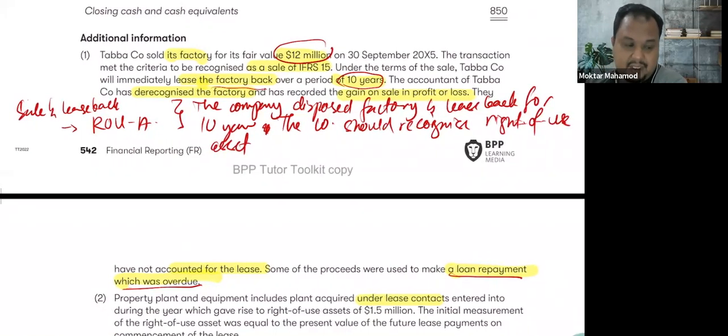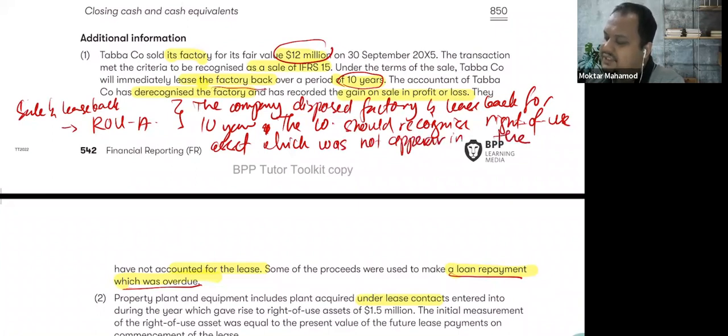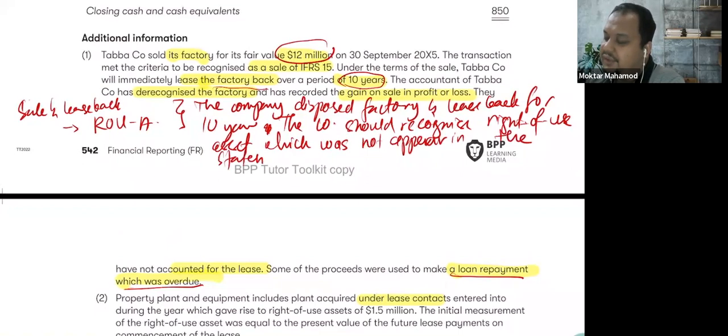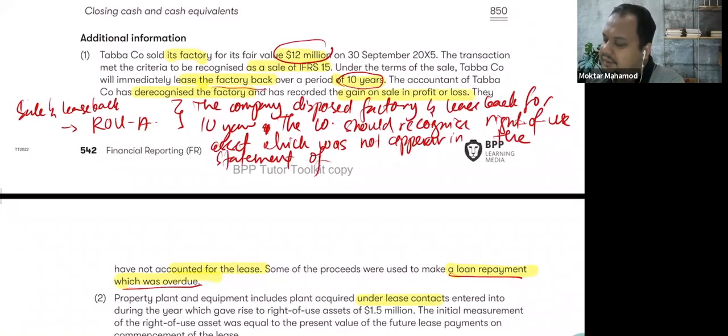This is an example, which does not appear in the statement of financial position. With this you already get one mark. Financial position.